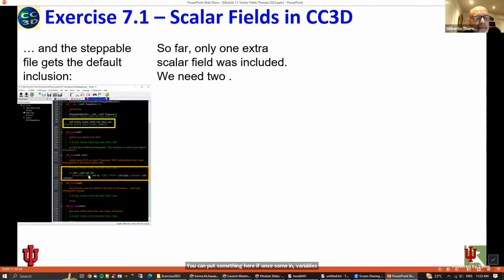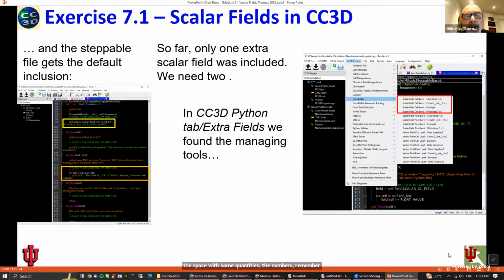And in the step function, you are going to edit to include what your scalar field is going to be. I mean, you have to fill the vector, the space, with some quantities, the numbers, remember? How do you do that? Well, let's include the extra fields, the lines which we define as Scalar.